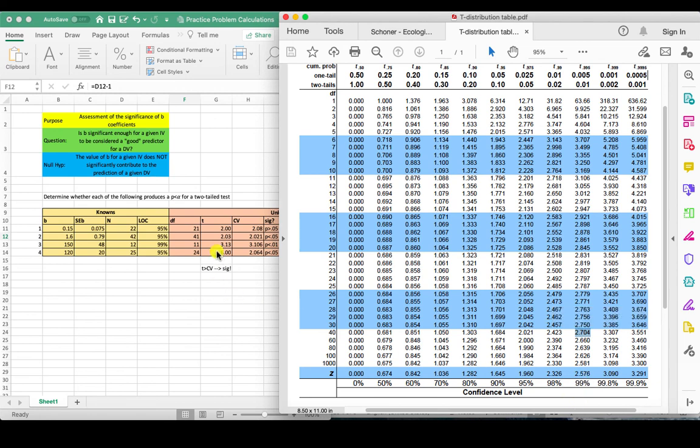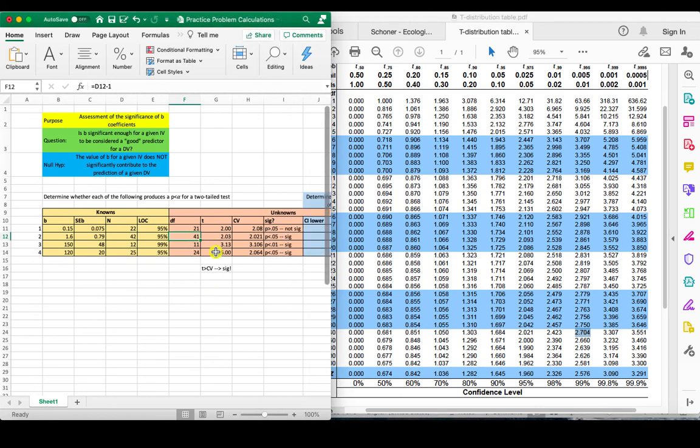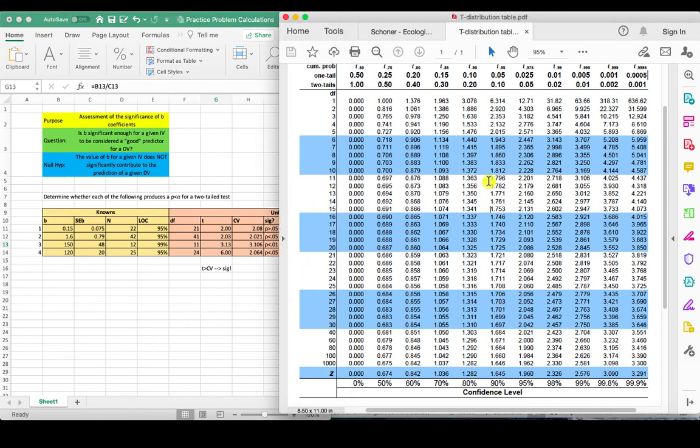We could do the same thing for example number 3, right? So t is the calculated value, and we're just trying to say at what level of confidence we have significance. So we could look at the table starting at 90%, this being our lowest level of confidence.